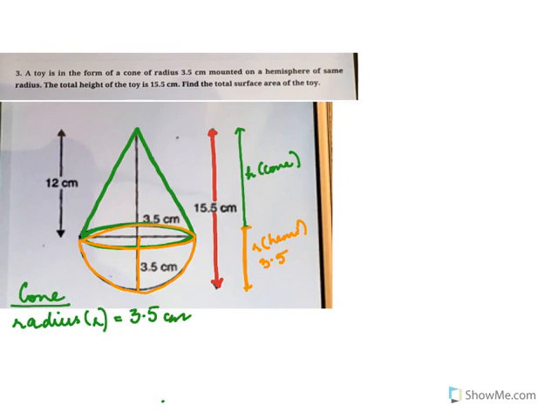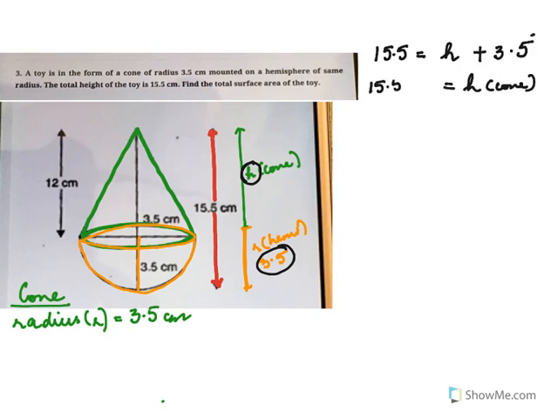So the total height, which is 15.5, equals the height of the cone plus the radius, that is 3.5. So the height of the cone will be 15.5 minus 3.5, and that will be 12 centimeters.